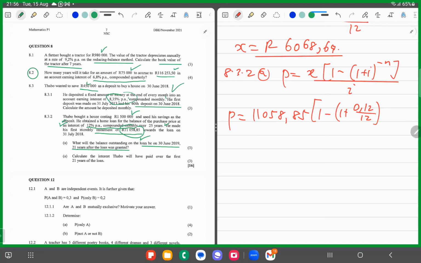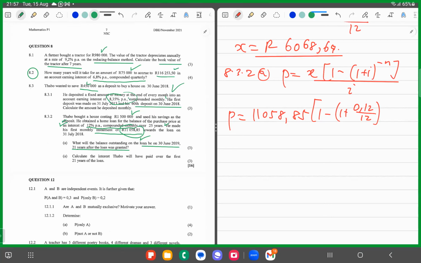I want to mention that he obtained the home loan for the balance of the purchase price at an interest rate of 12% compounded monthly over 25 years. He made his first monthly installment towards the loan on 31 July 2018.